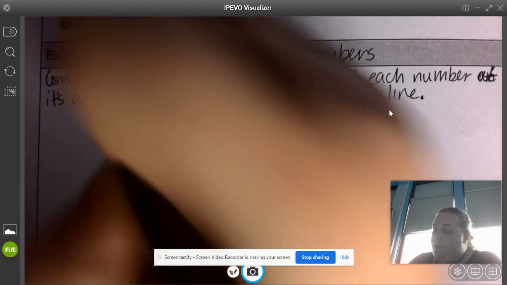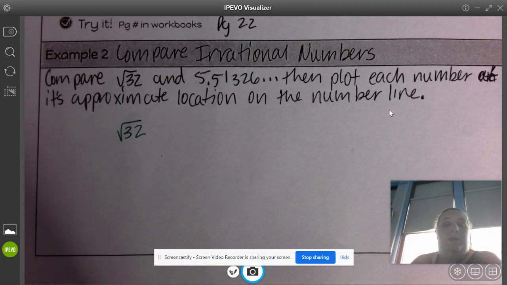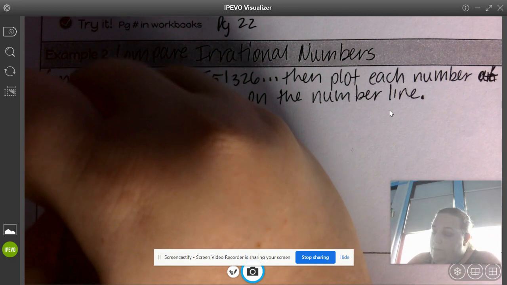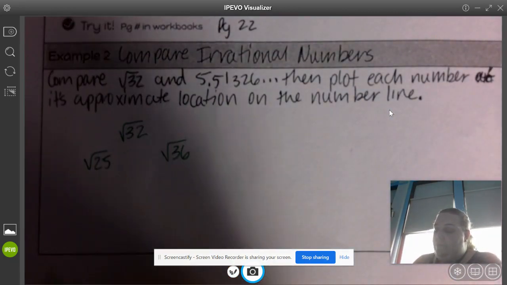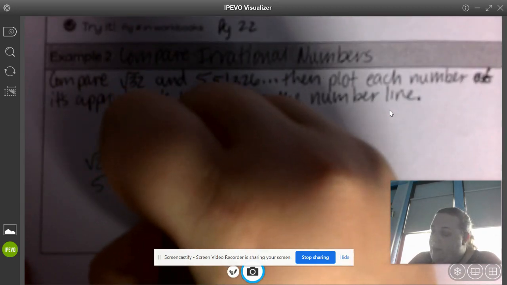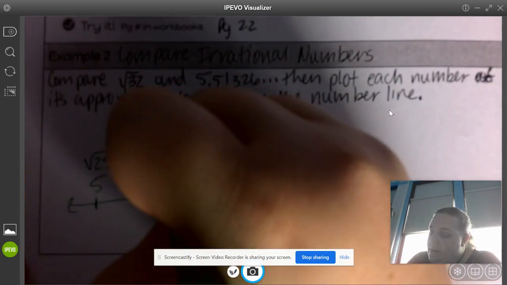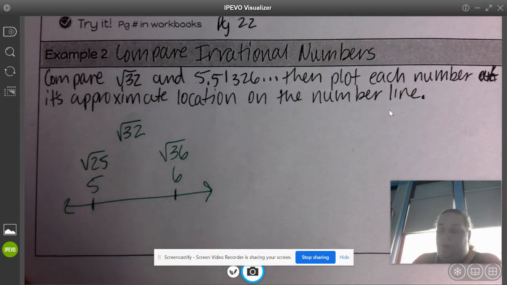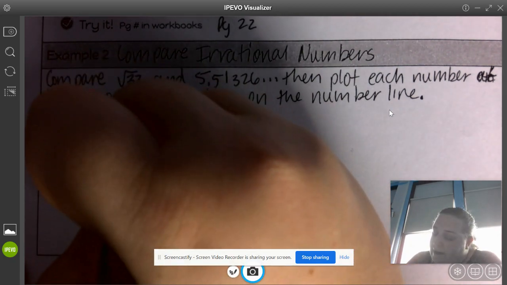So we know from our previous lesson, we need to find the perfect squares right around 32. Right before it would be 25, and right after it is 36. Square root of 25 is 5, square root of 36 is 6. So when I'm thinking of a number line and where the square root of 32 is going to fall, it's going to be a decimal somewhere between 5 and 6.